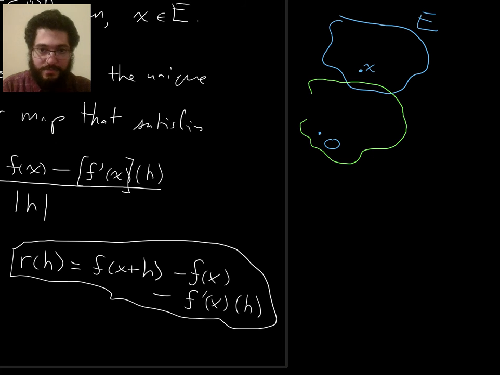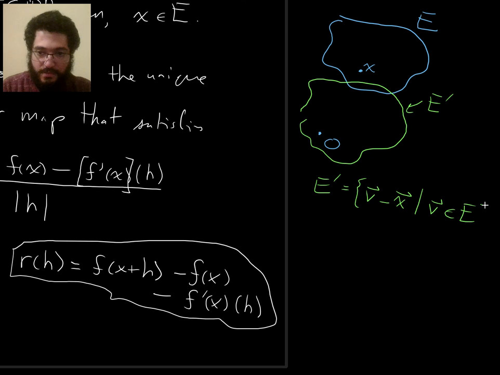Let's call this E prime, where E prime equals the set of, let's say, v minus x, running over v in E. So this would be the domain of r.